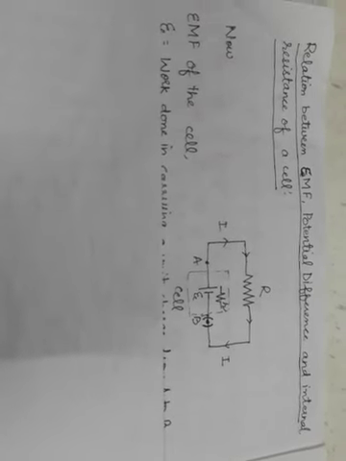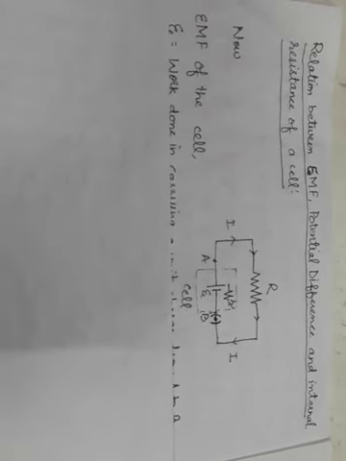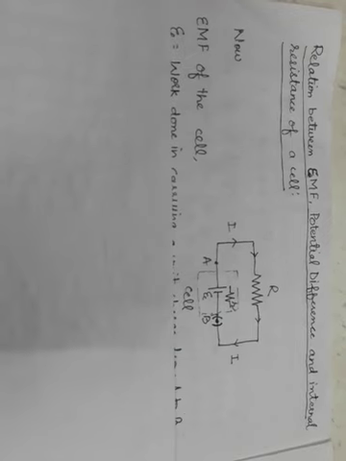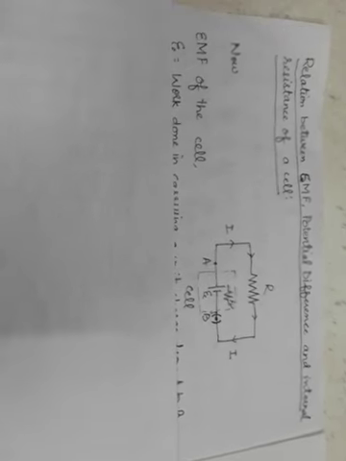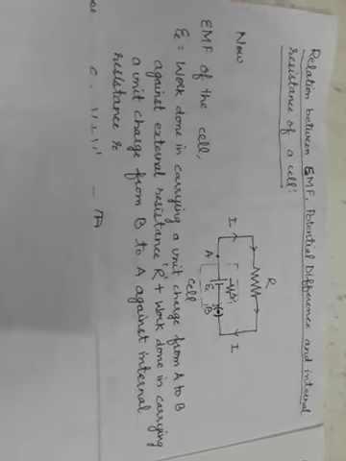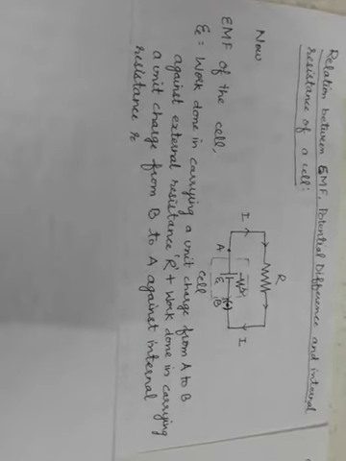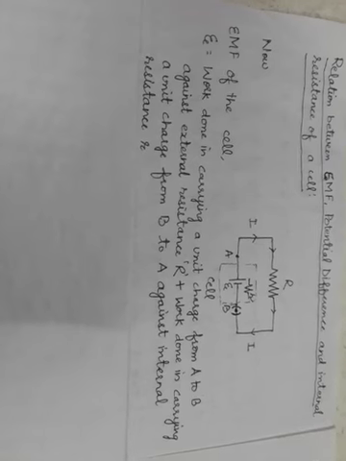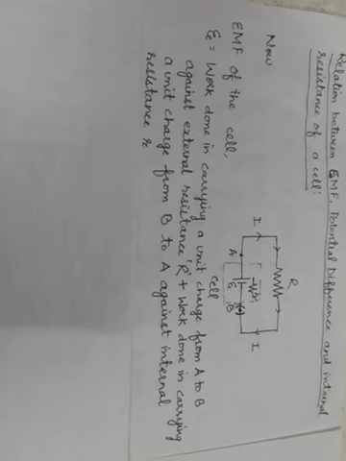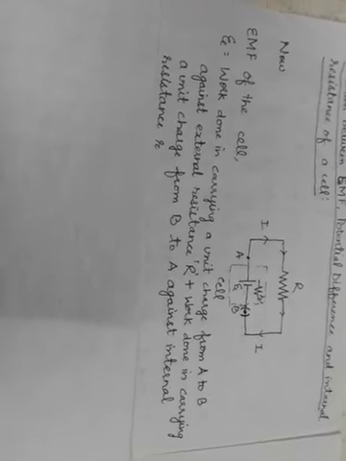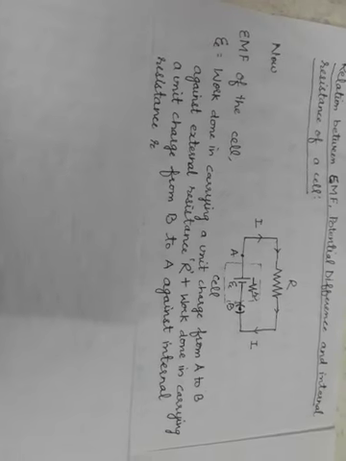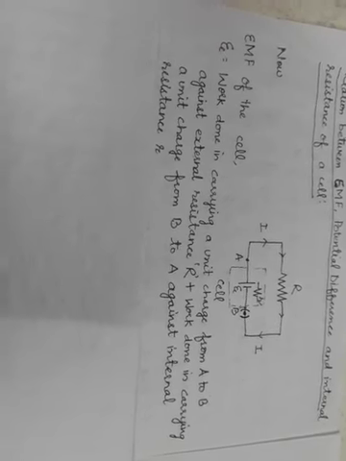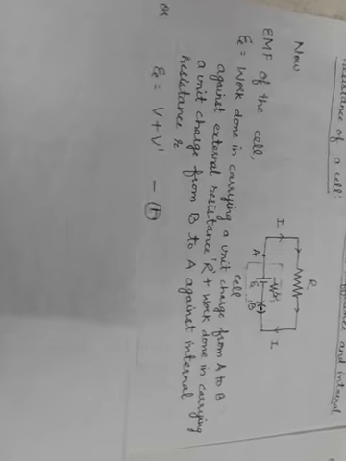The next topic is relation between EMF, potential difference and internal resistance of the cell. Now, EMF of the cell, as I have just discussed, is equal to the total work done in carrying unit positive charge from A to B against external resistance plus the work done in carrying unit charge from B to A against internal resistance small r.